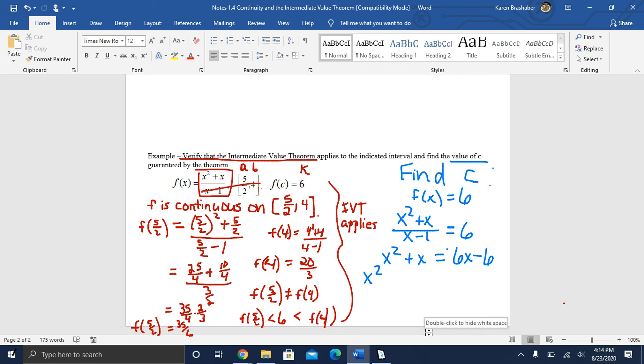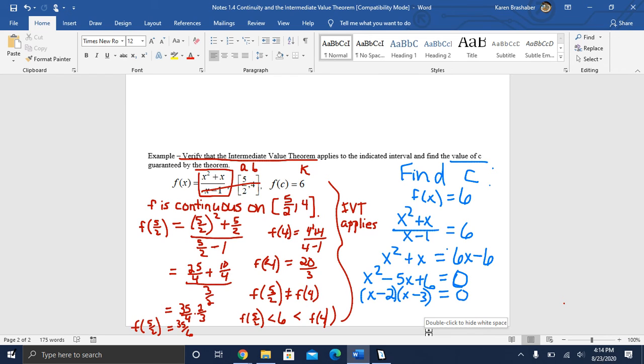So we'll have x squared minus 5x plus 6 equal to 0. And one way that you could solve this is by factoring, which I'm just going to go ahead and do. So that would be x minus 2 times x minus 3. You needed something that multiplied to 6 that would add to negative 5. So your negative 2 and negative 3 do that.